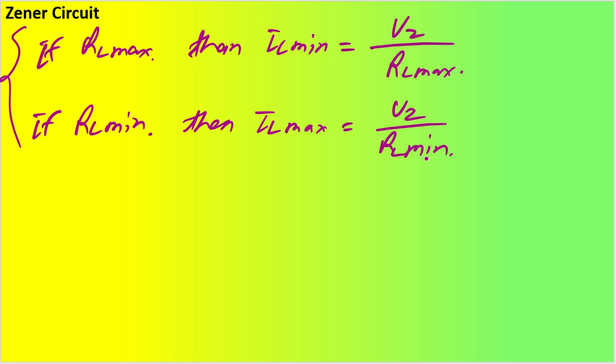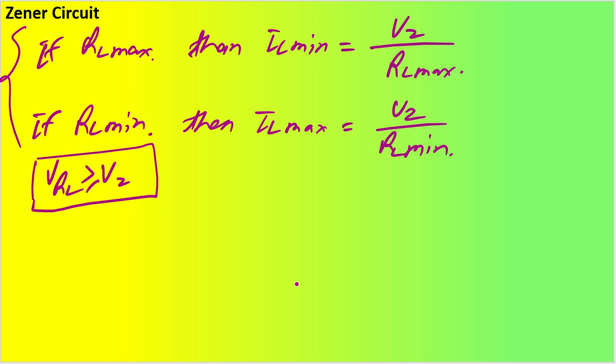So in both cases we must have VRL greater than or equal to Vz. Then only the Zener diode can be on, right?